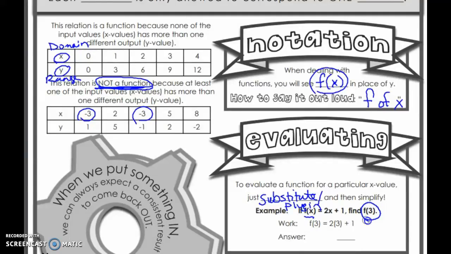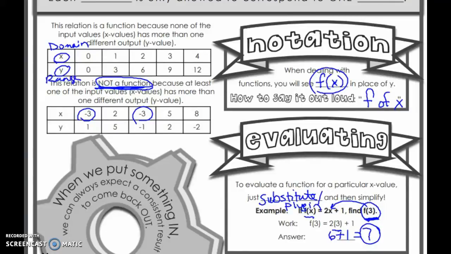Find F of 3, or the function of 3. So imagine this. I'm putting my 3 into my function machine. Then I multiply that by the 2 here, because remember I'm substituting this in for X. 2 times 3 is 6. 6 plus 1 equals 7. So for F of 3, the answer is 7, or the range.